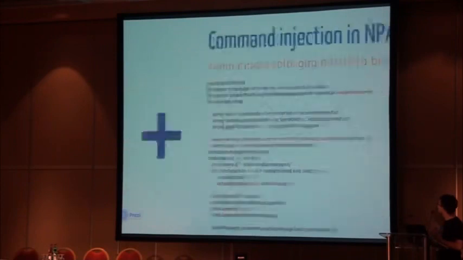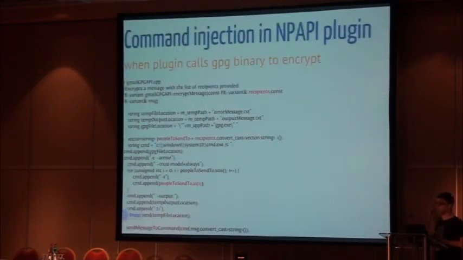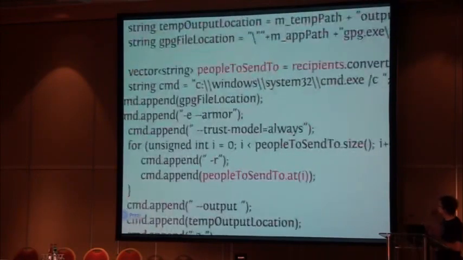But the second one was the command injection in the NPAPI plugin. The vulnerable function was the one used to encrypt messages. And when you encrypt a message with PGP, you usually need someone to encrypt it to, because you need the public keys. So the list of recipients came from Gmail. And as you can probably see, there's something fishy going on, because there are a lot of command strings appended to each other and then later executed.